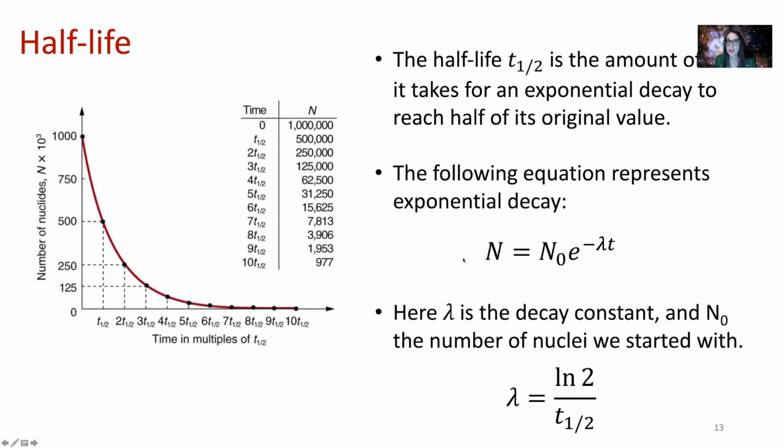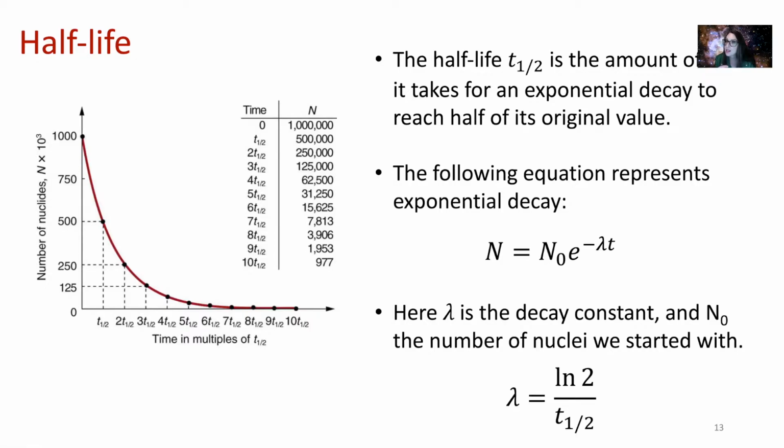So this equation here represents exponential decay of radioactivity. We've got N, our number of nuclei at some time t, and that equals N sub 0, which is our number of original nuclei that we started with before the radioactive decay process occurs, times e to the minus lambda t.